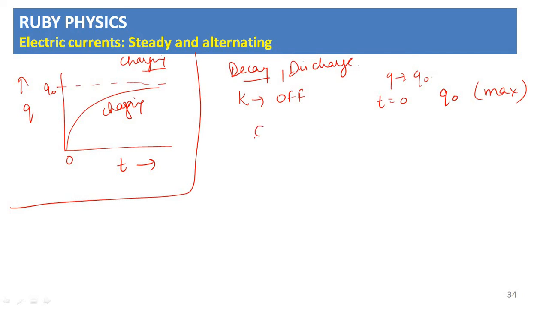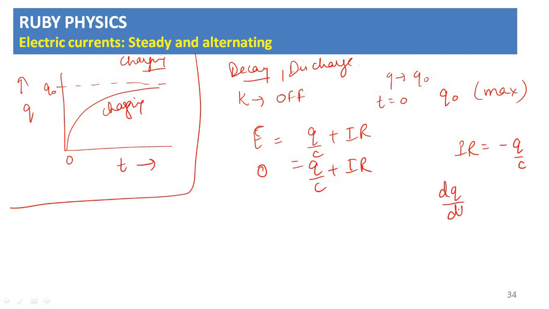The equation that we have written using Kirchhoff's rule is E = Q/C + IR. As the battery is disconnected, we put E equal to 0. It will be Q/C + IR = 0. So we can write IR = −Q/C, or I = dQ/dt, so (dQ/dt)R = −Q/C, and this can further be written as dQ/Q = −(1/RC) dt.